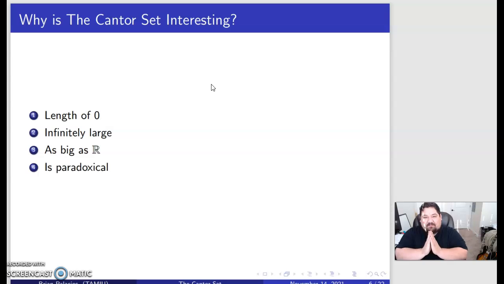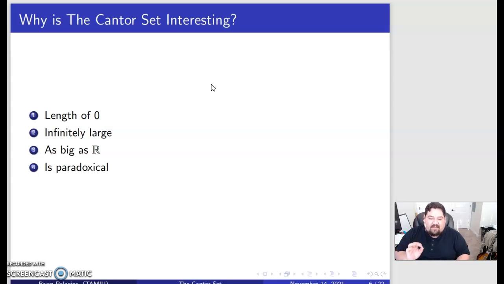We basically remove the whole line segment, but it has an infinite amount of points in this 0 length line segment.